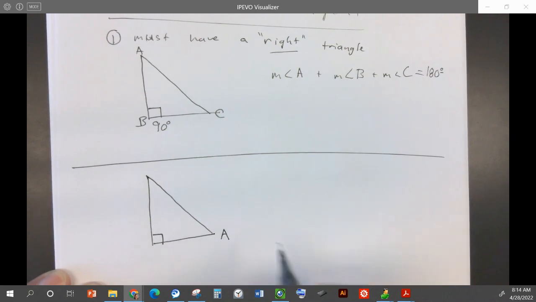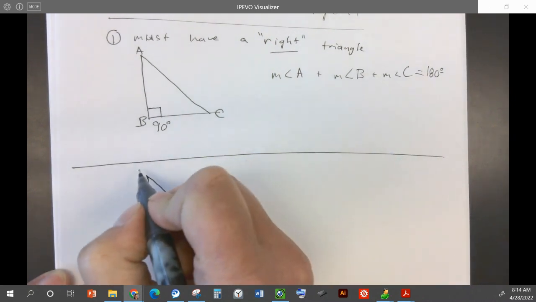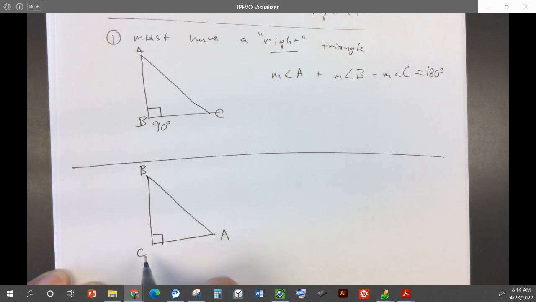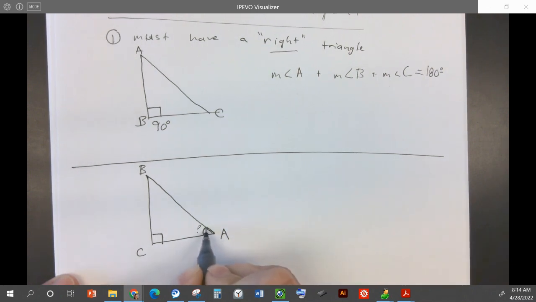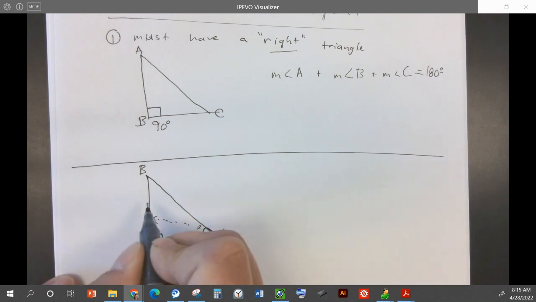I'm going to call the vertices A, B, and C, and I'm going to look at this angle. I don't know what the angle is, but I'm going to call it angle A.